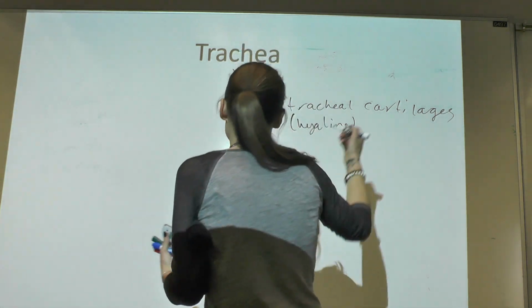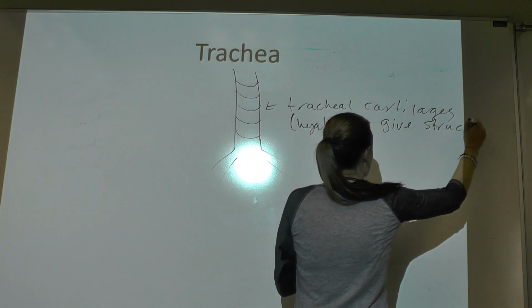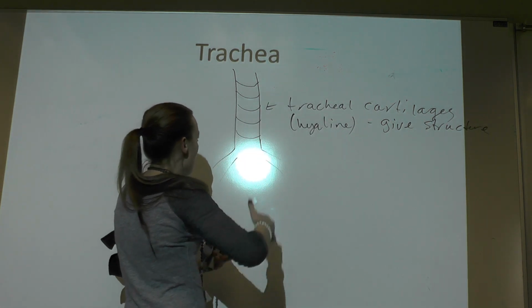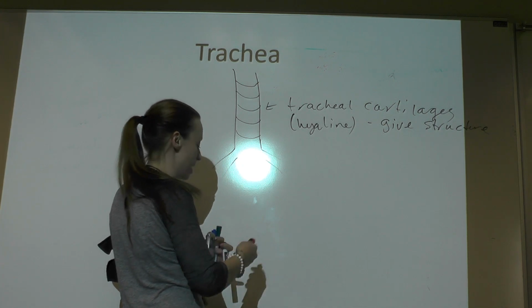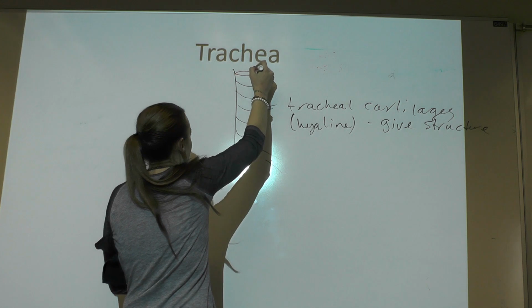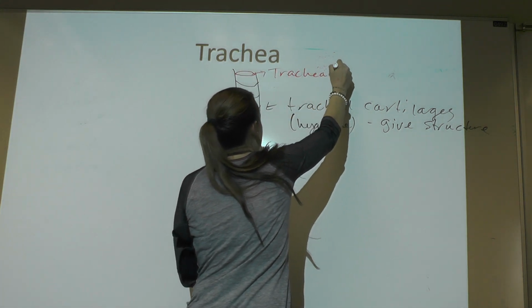It gives it structure. Now, behind our trachea is our esophagus. And so if we look on the posterior aspect of the trachea, we actually see that there's this little muscle, the trachealis muscle.